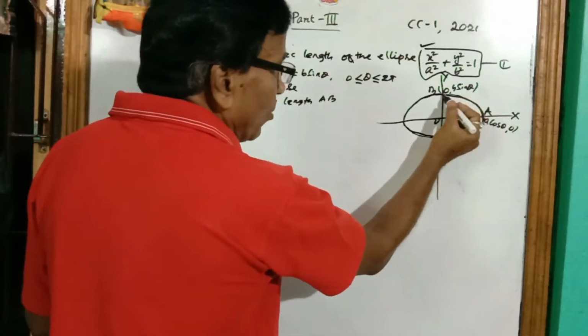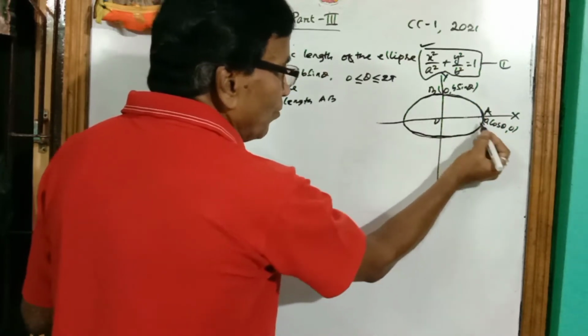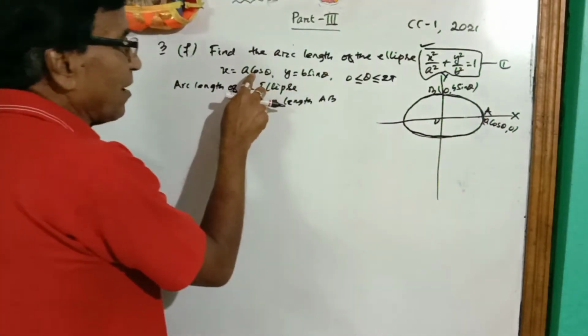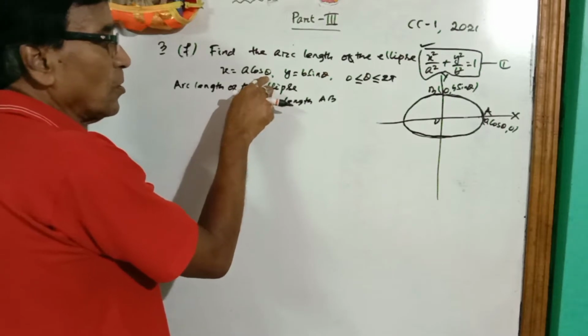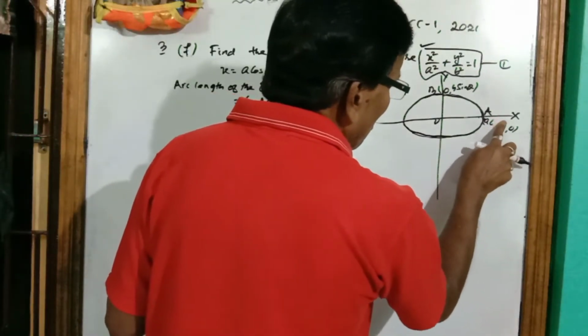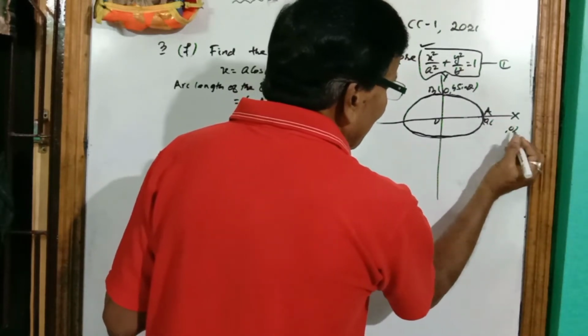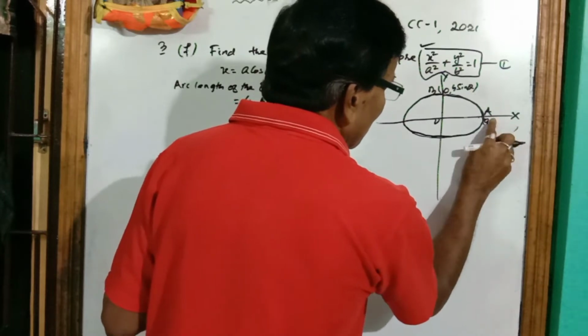Here from A to B, theta varies from 0 to pi by 2. Because when you take theta equal to 0, x becomes a and y, b sin 0, is equal to 0.